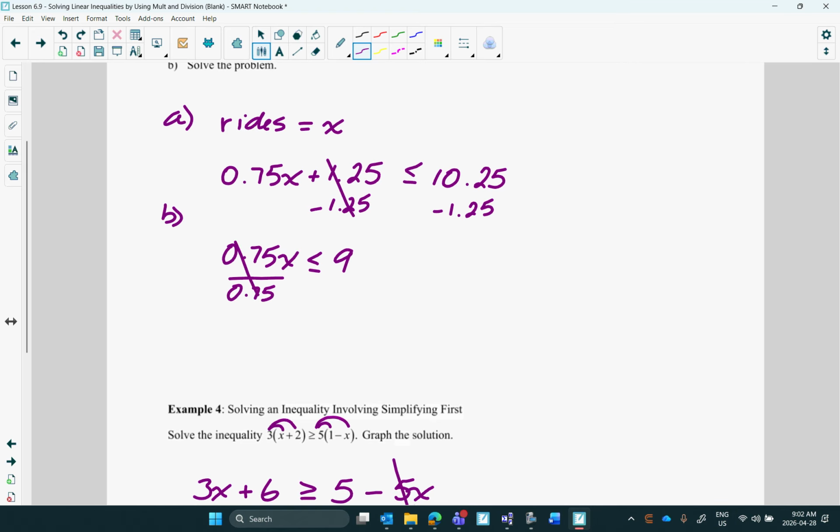This is where obviously we want to use a calculator to help us. Should work out to 12, I think. Yes? No? Maybe I'm wrong. Wait, I'm not. You're right. 12?